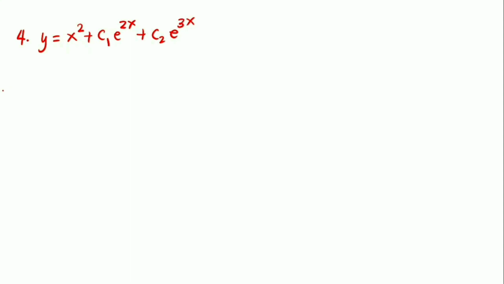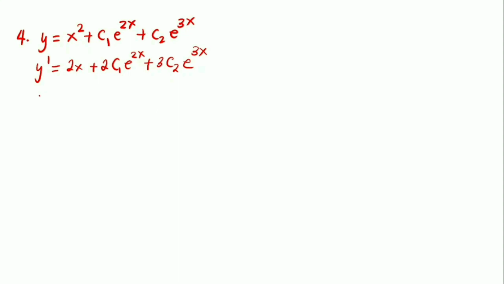So, the first derivative is y prime is equals to the derivative of x squared is 2x plus the derivative of c sub 1 e raised to 2x is 2 c sub 1 e raised to 2x, plus the derivative of c sub 2 e raised to 3x is 3 c sub 2 e raised to 3x. So, this is the first derivative.